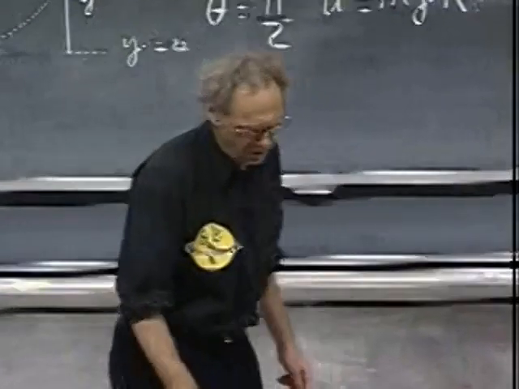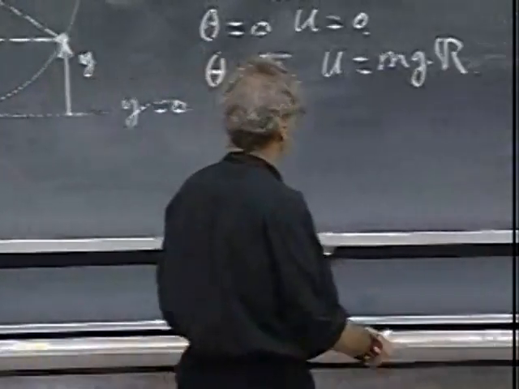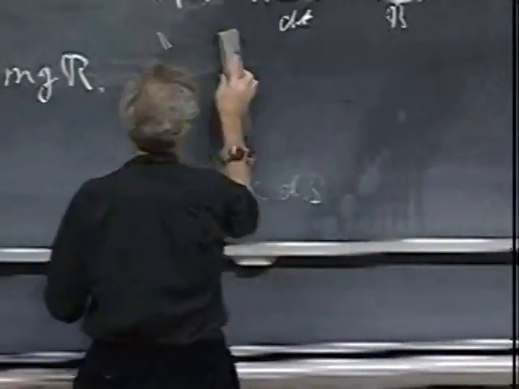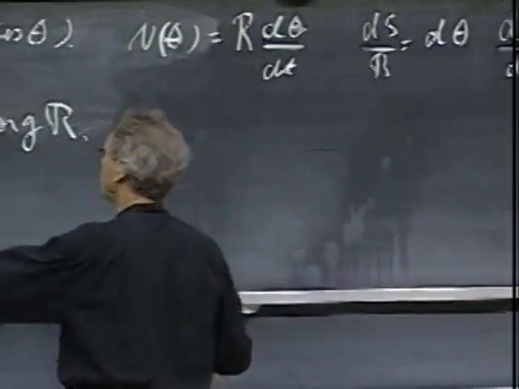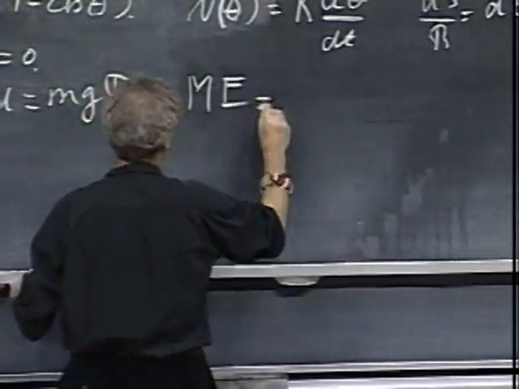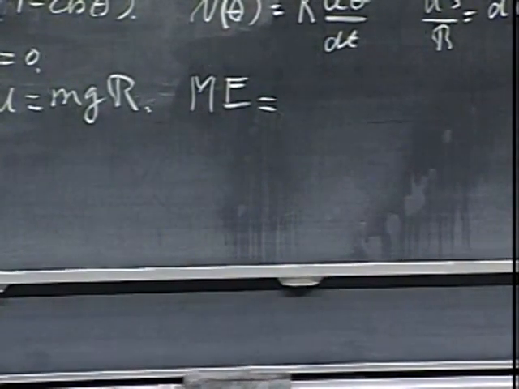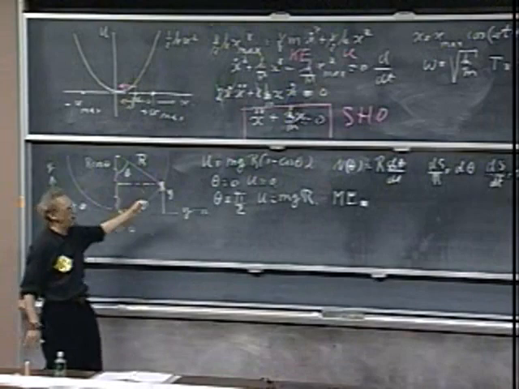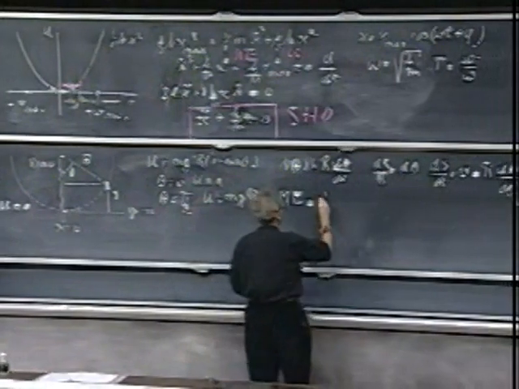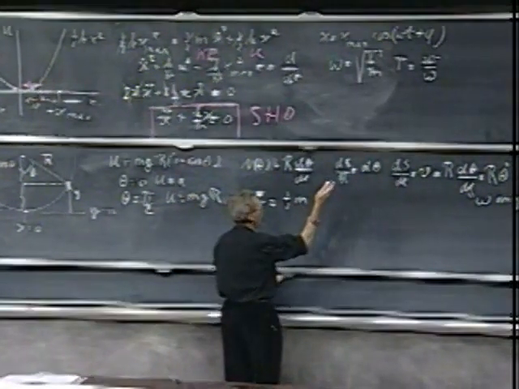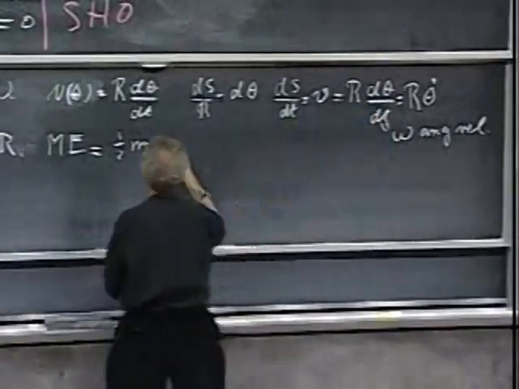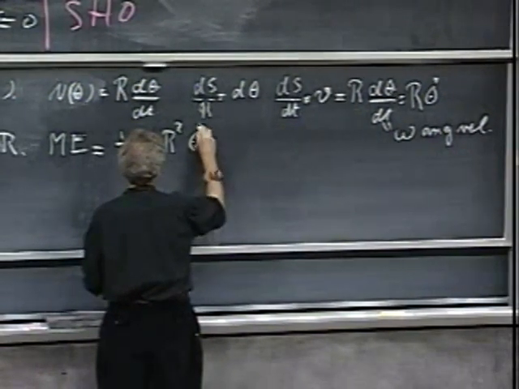So I can now apply the conservation of mechanical energy, because I know what the velocity is at any angle theta, and I know what the potential energy is. Let the total energy be just the mechanical energy, which depends on my initial conditions. Wherever I start, maybe I release it here with 0 speed, maybe I give it a little speed. It is a number. It is a constant. So that is going to be 1/2 m v squared at a random angle theta, and that means this is r squared times theta dot squared.